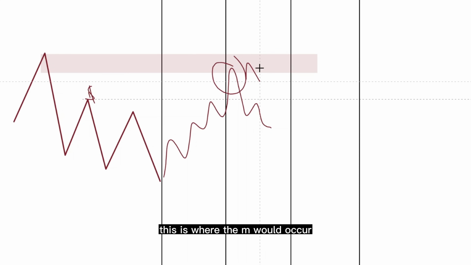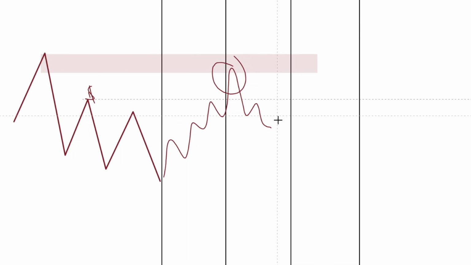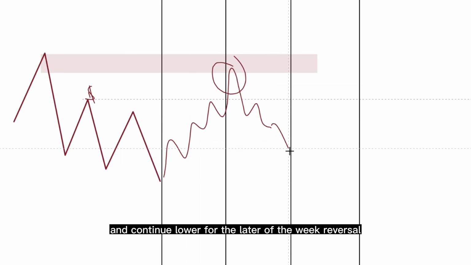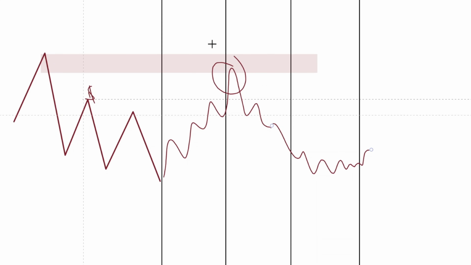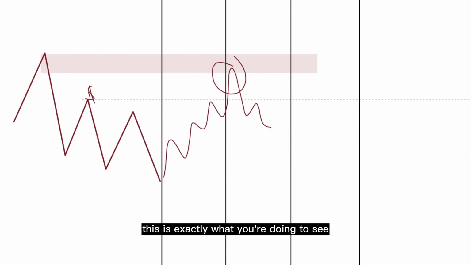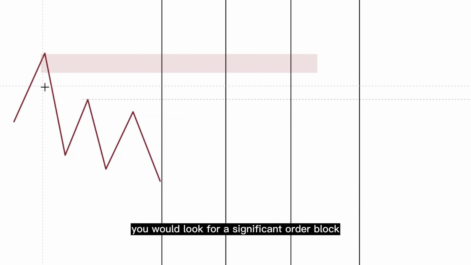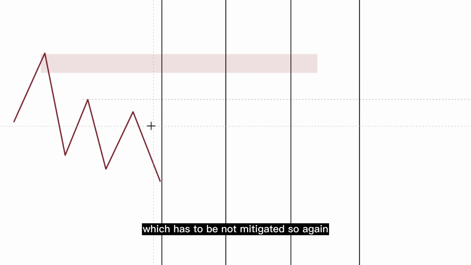This is where the M would occur, and continue lower for the later of the week reversal. This is exactly what you would want to see. You would look for a significant order block, which has to be not mitigated. So again, there's probably an order block here.